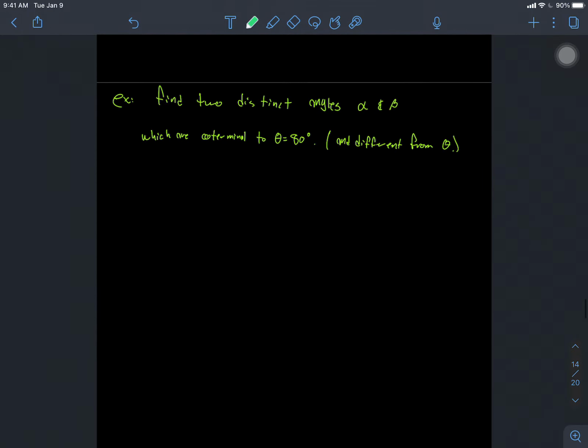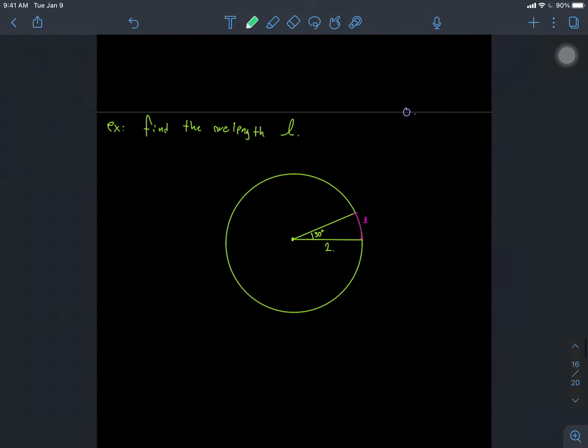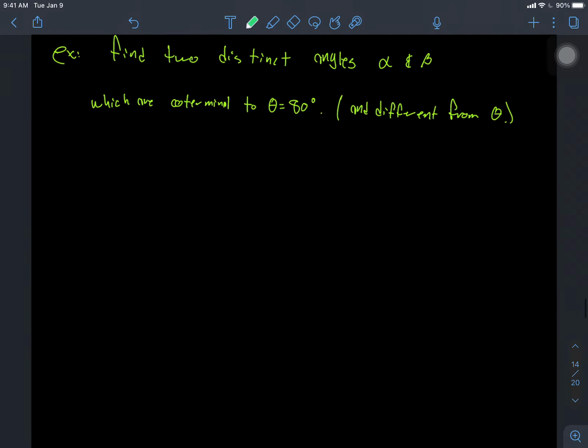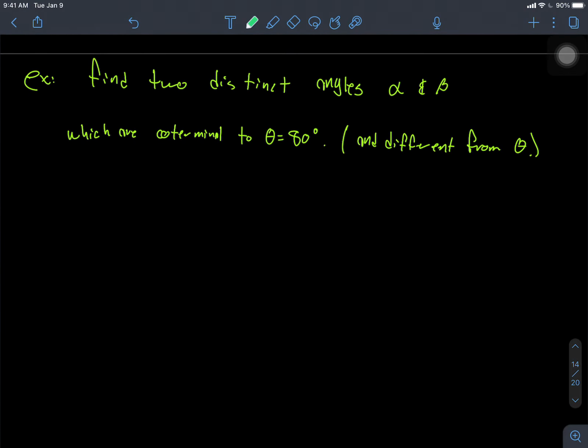So we're going to do this example, and this will be, I think, the last thing we do. Okay, so this problem tasks us to find 2 distinct angles, alpha and beta, which are coterminal to theta equals 80 degrees and different from theta.